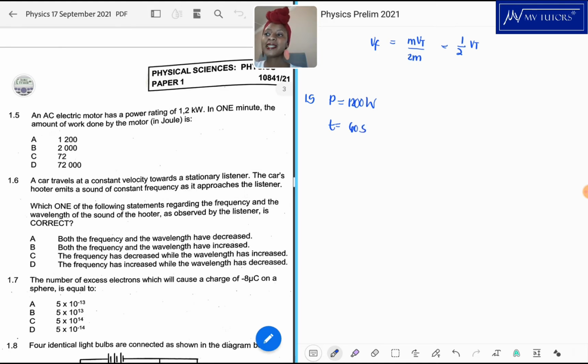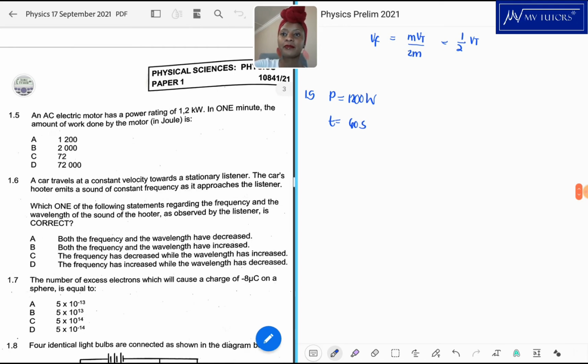So in 1 minute, the amount of work done by the motor in joules is, so we know that work done is force times displacement times cos theta. But now we have power in the mix. And what is power? Power is the rate at which work is done.